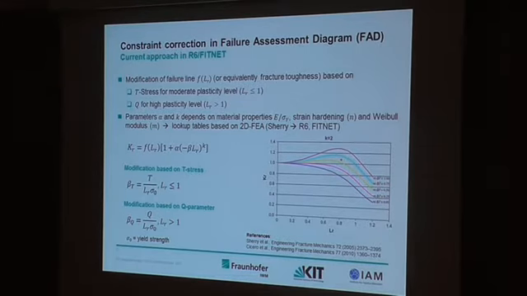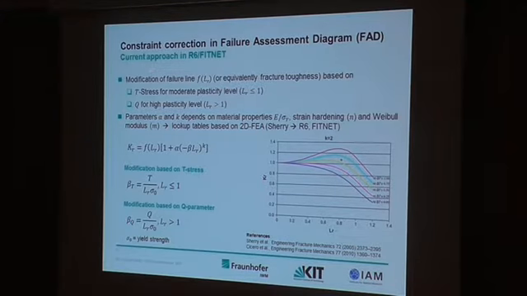The first one has been developed within the R6 procedure, and also within European projects like FITNET and formerly SINTAP. I call it the R6-FITNET method. This method says that one can use the T-stress or Q parameter depending on the level of plasticity in the ligament.